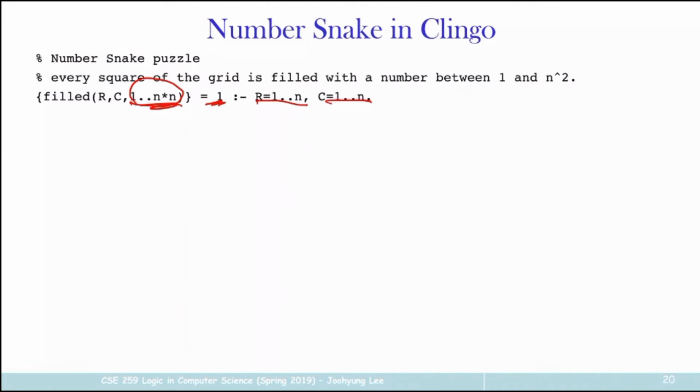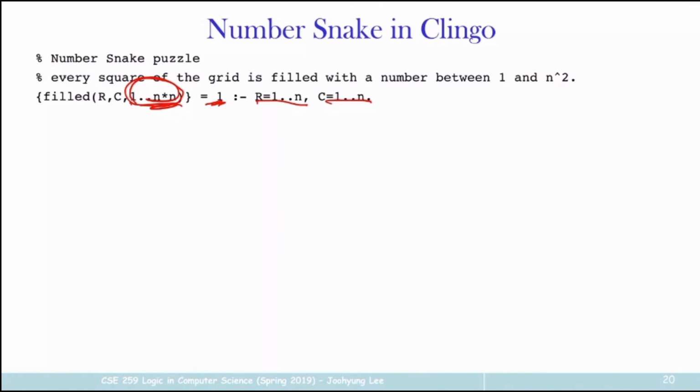Even though I write one line here, if n equals 3, then there will be 9 rules: R equals 1, C equals 1; R equals 1, C equals 2; R equals 1, C equals 3; R equals 2, C equals 1; R equals 2, C equals 2; R equals 2, C equals 3; R equals 3, C equals 1; R equals 3, C equals 2; R equals 3, C equals 3. There are 9 rules, and for each rule, you have to give exactly one number from 1 to 9.